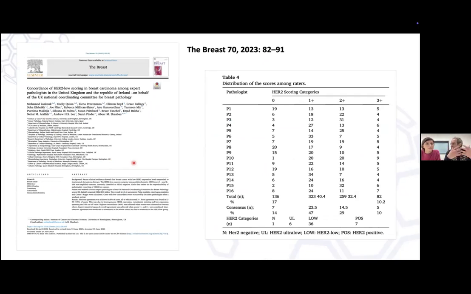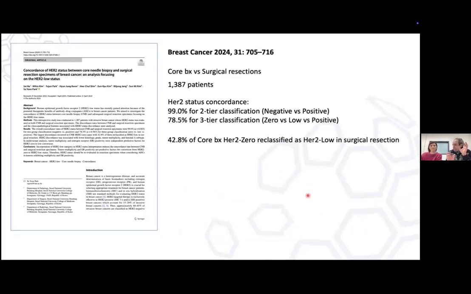They are called the Big 18. They are self-proclaimed big. But nevertheless, these are people with great experience. And you see here, they looked at the various cases, and you can see how much variation there is in the best pathologists. When we look at low, zero, etc., they don't agree with each other. So it is an objective problem that HER2 low is more difficult.